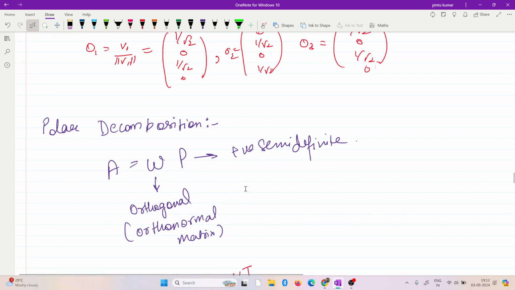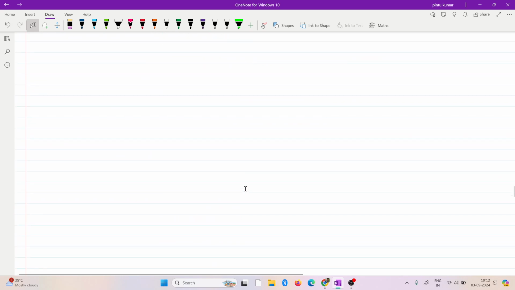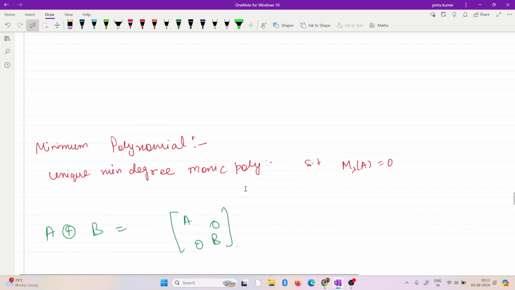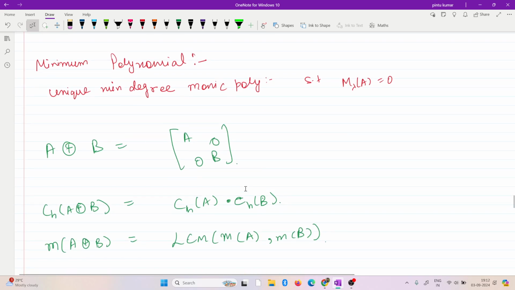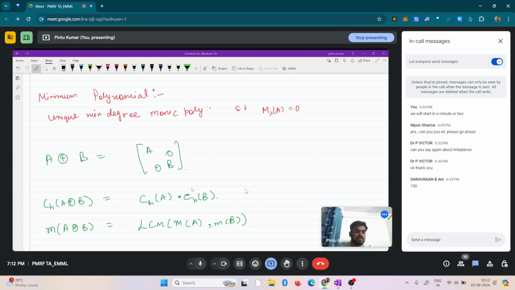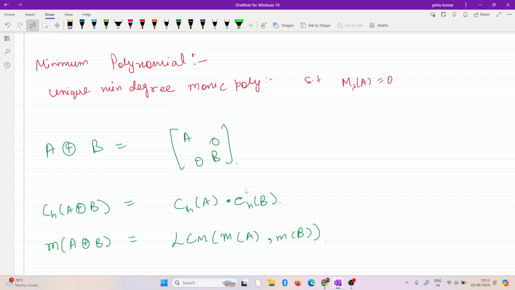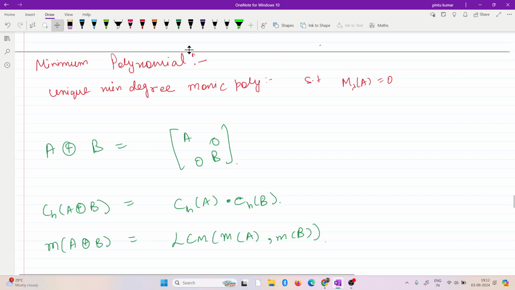Before coming back to polar decomposition, first of all, we will do Jordan canonical form, which is more useful. We have already discussed eigen decomposition. First I'll motivate why we do these kinds of things.